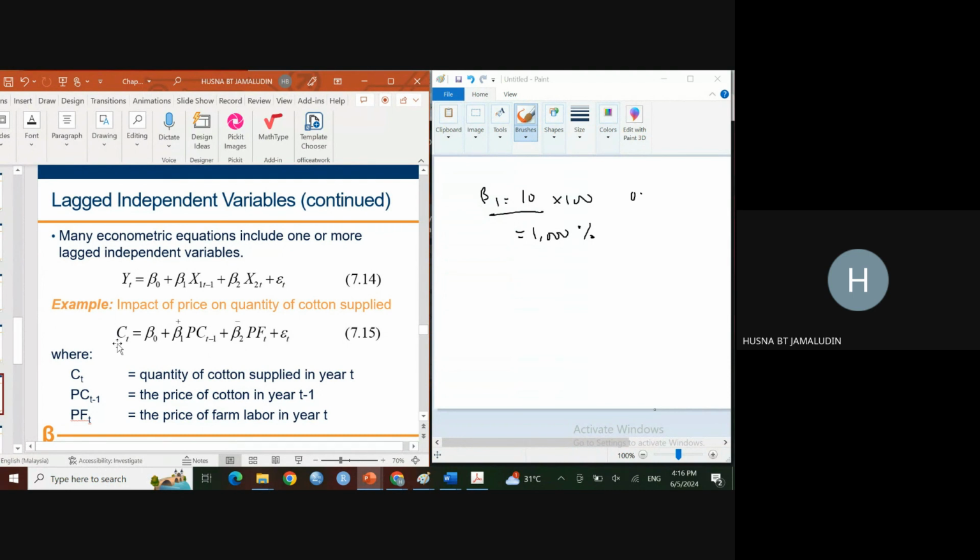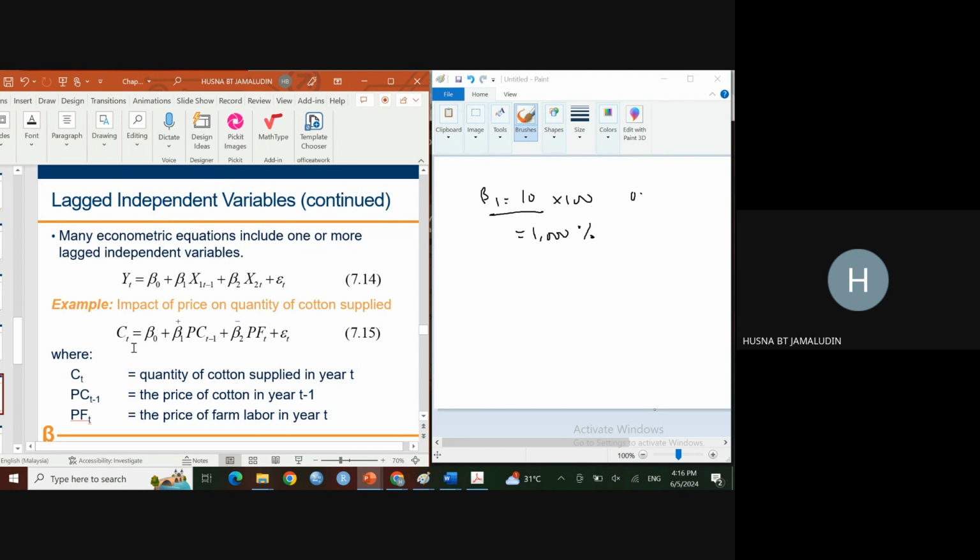Because last year it was very cheap, it will have a positive impact on the quantity supplied. When the price is cheap, people demand more. So what happens to the supplier? Because of the low price, people will demand more, so you will supply more. Can you see the relationship? It is last year, but because people demand more, you will supply more.